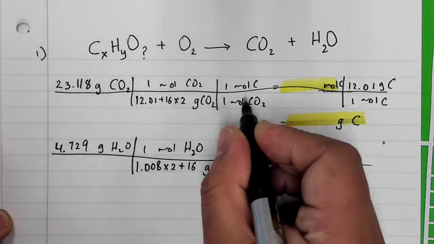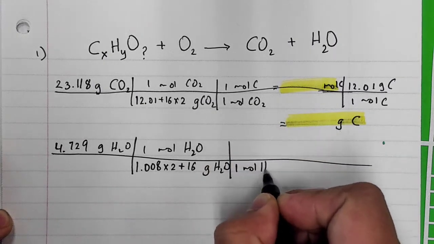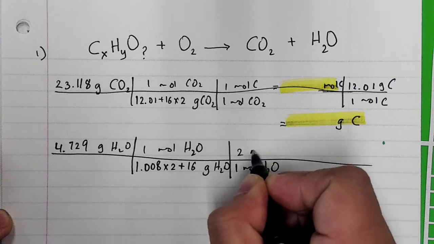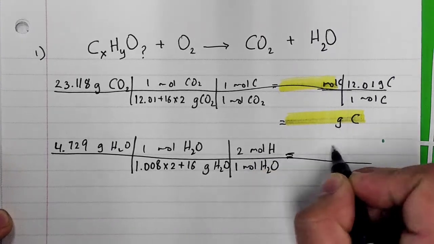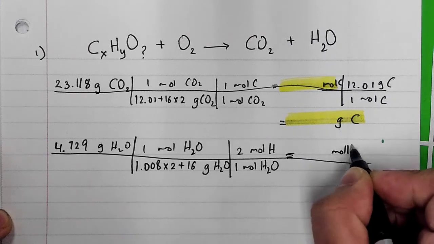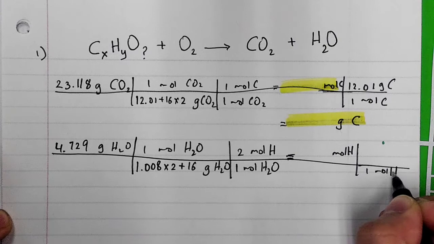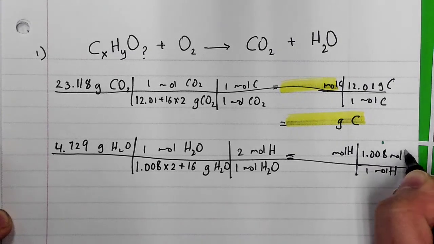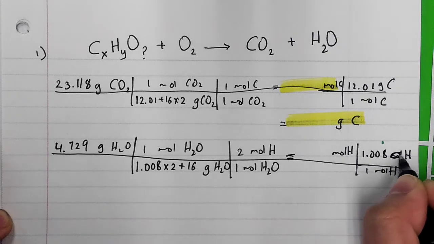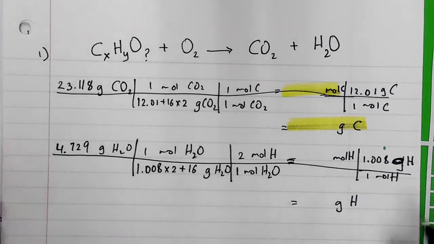So unlike the carbon dioxide, in 1 mole of H2O you will have 2 moles of H. Again, that's going to be one of our answers, moles of H, but then we continue and say 1 mole of H would have 1.008 grams of H. That will give me grams of hydrogen.